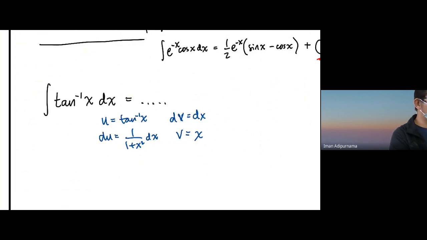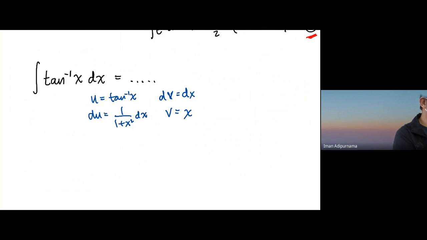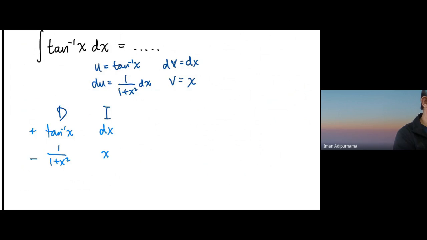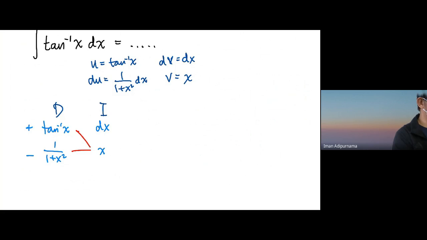Or if we want to look for the DI method, still okay, but not really necessary because you just stop at this line. So basically, this is just doing UV parts. So these two methods will result in x tangent inverse x.